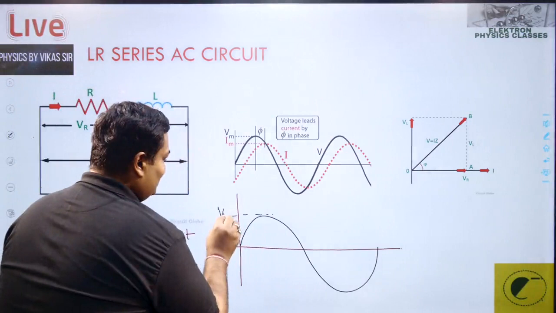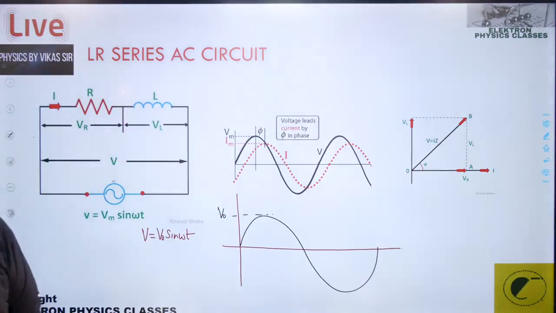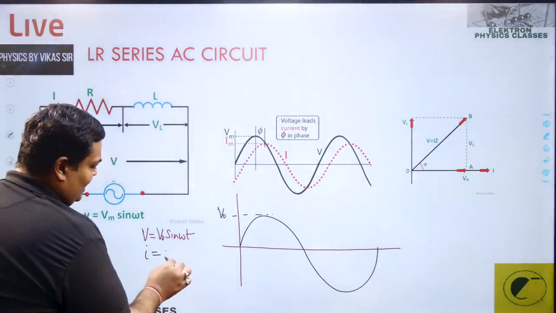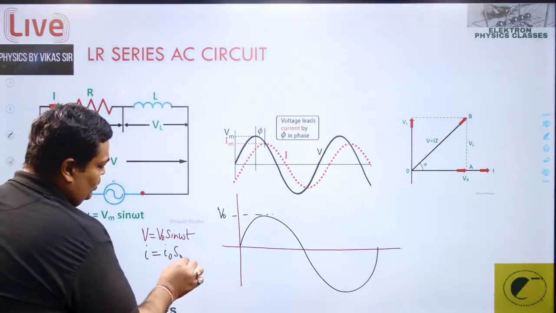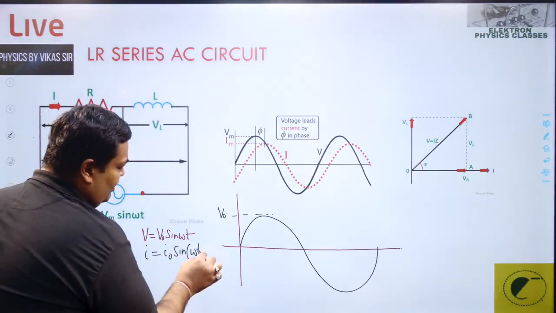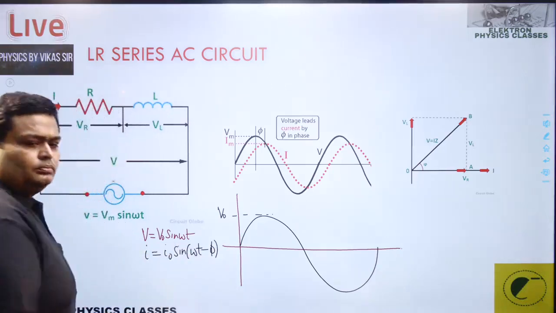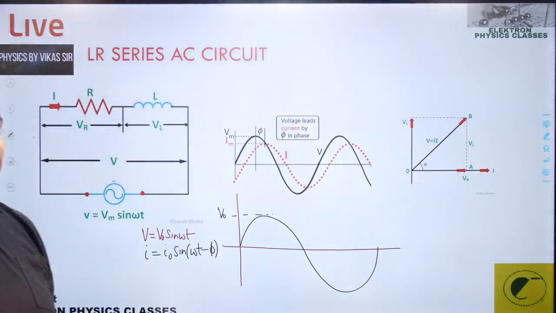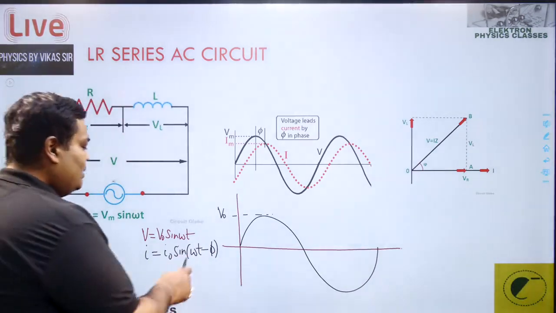What is the peak of it? That is V0. And now I wish to sketch for the current. So what is the current equal to? The current is equal to I0 into sine of omega t minus phi. So it is lagging by the phase of phi.